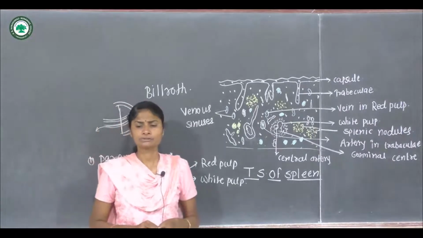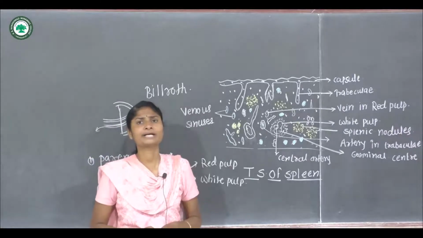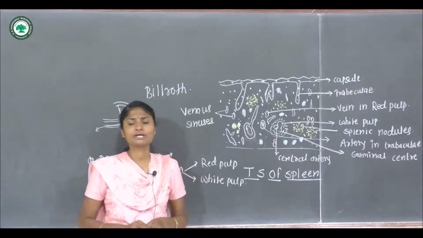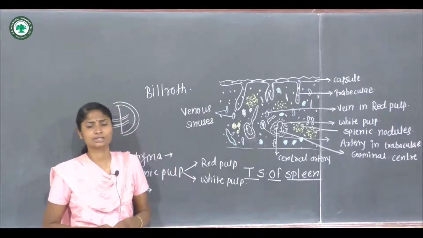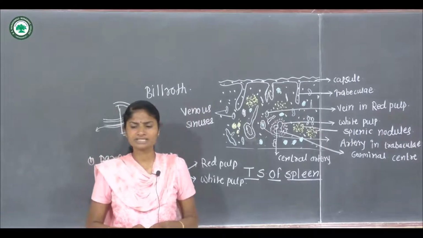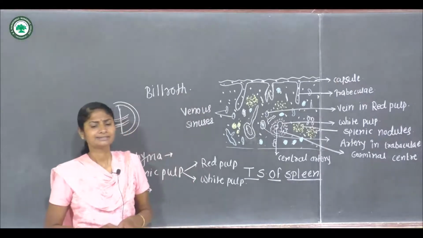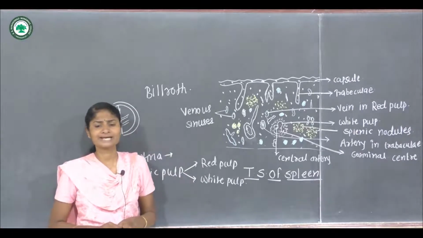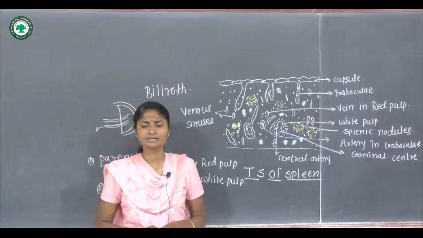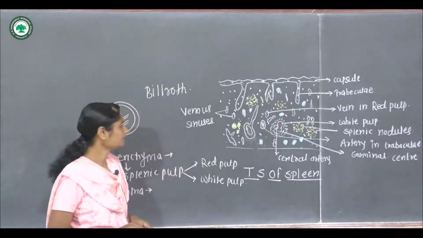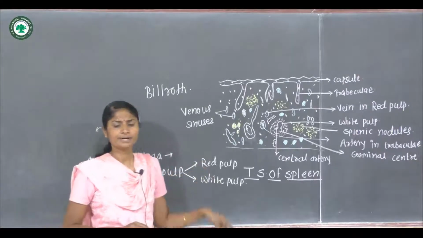Red pulp also contains a framework of reticular fibers, lymphocytes, erythrocytes and macrophages. The large number of erythrocytes in the sinusoids gives color to the red pulp.